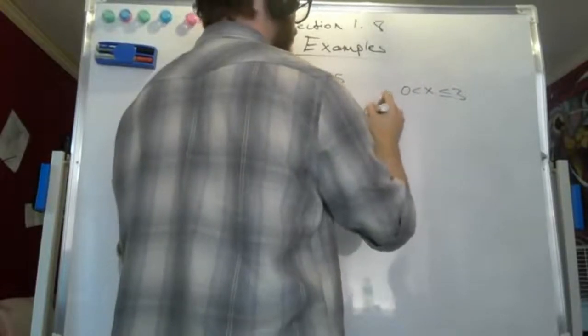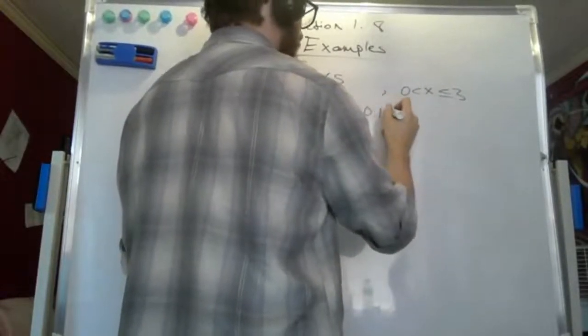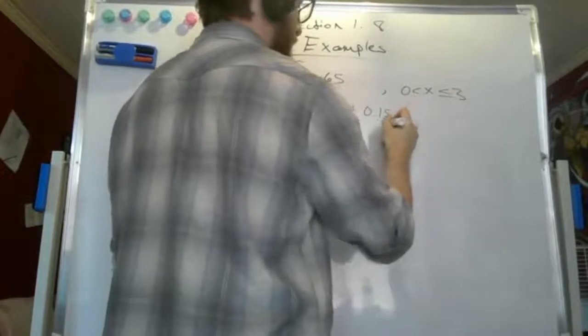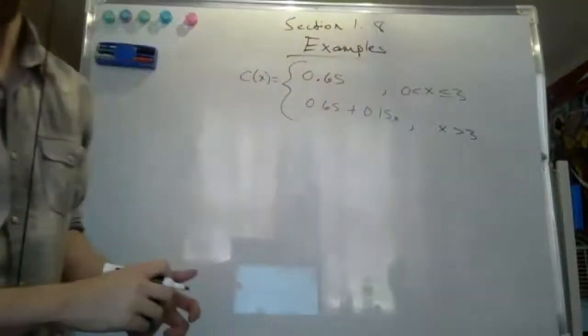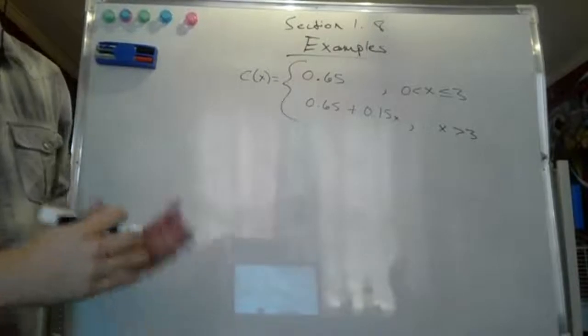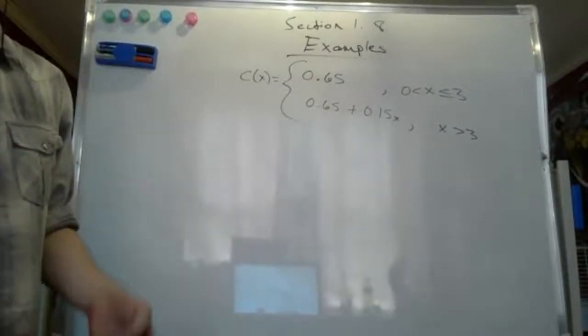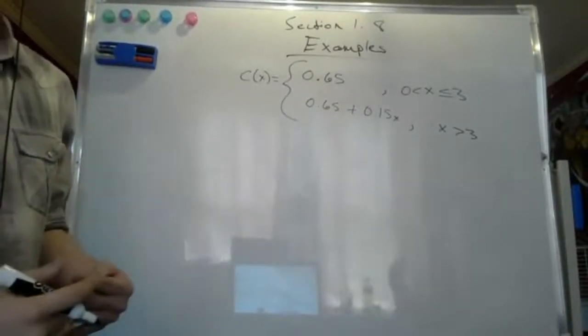So plus 0.15 per minute when x is greater than 3. Write a cost function for a call x minutes long.